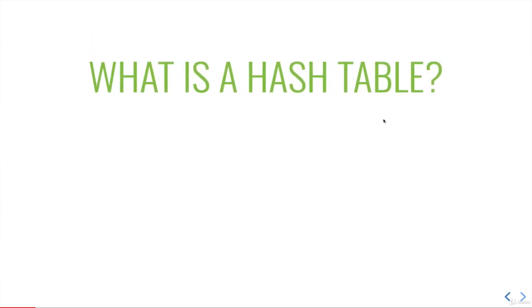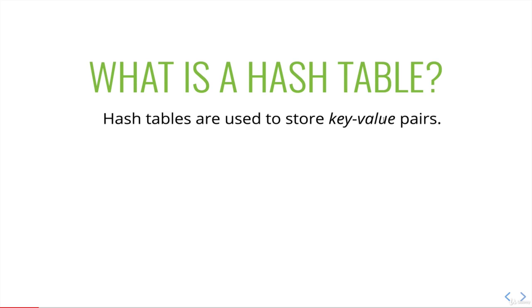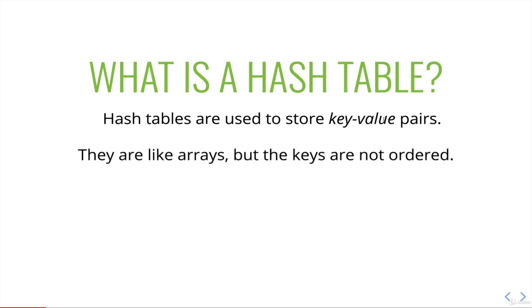So as I already mentioned, these are all over the place. You've probably used them in whatever programming language you prefer. Hash tables are used to store key value pairs. And yes, so are arrays. Arrays associate a key, like 0 or 1 or 2 or 3, to a value, which could be anything else, but those are strictly numeric. Hash tables are not. And on top of that, the keys in a hash table are not ordered.